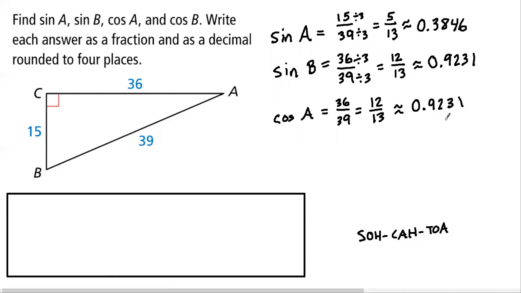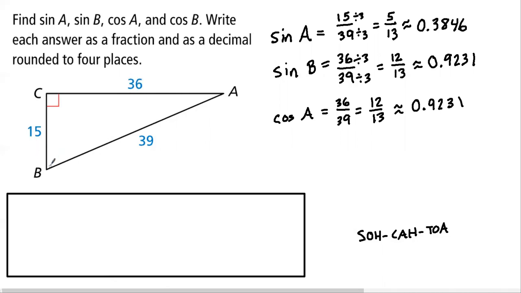It's the same thing. And this shouldn't be a surprise to you because with respect to angle B, when we're working out our sine, the side that is opposite angle B is this AC. With respect to angle A, when we're working out our cosine, notice that our adjacent side with respect to angle A is the same side, this AC or this 36.